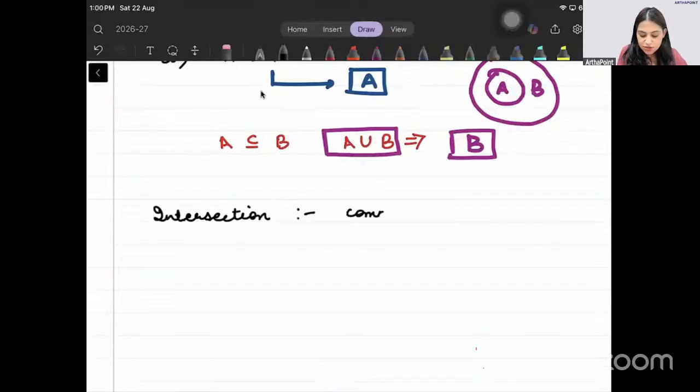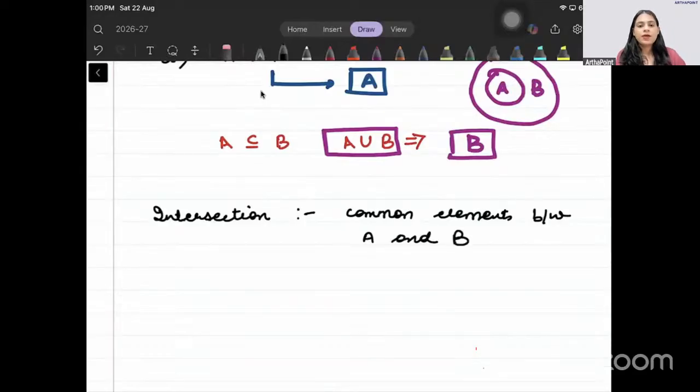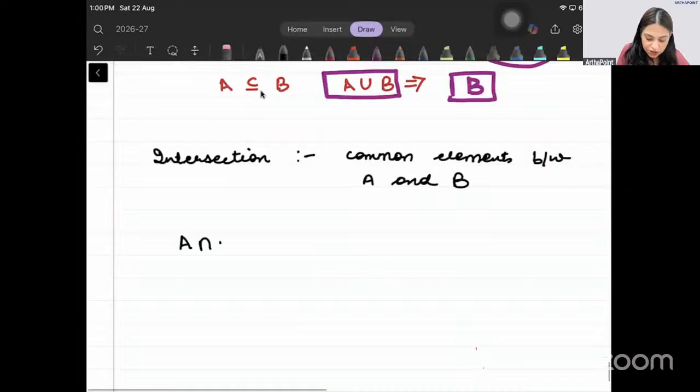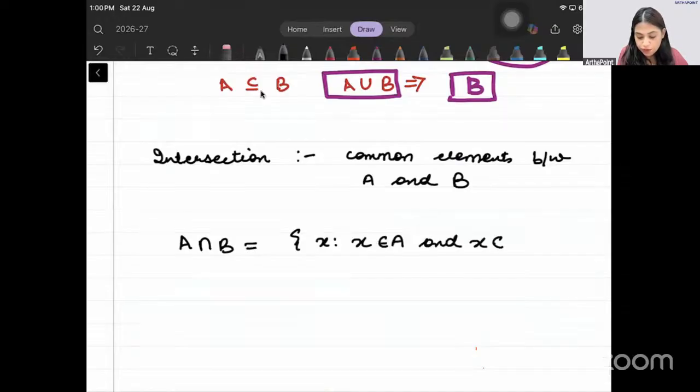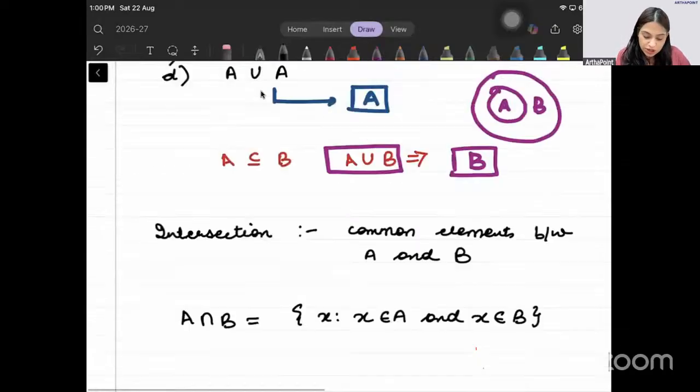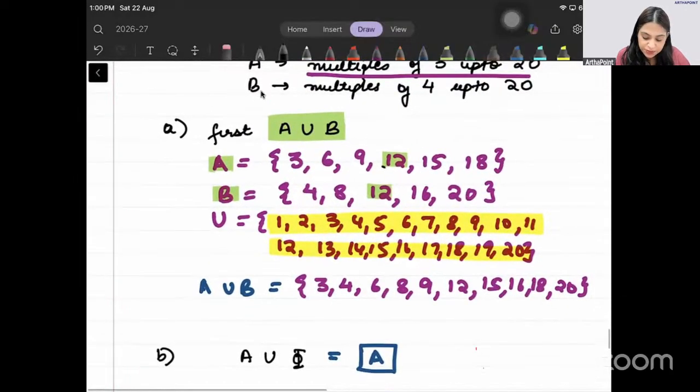Intersection is common elements between A and B. So A intersection B means those elements which belong to A as well as to B. They are common between A and B. They have a property that they should be present in both the sets. So the element which is present in both the sets is 12.